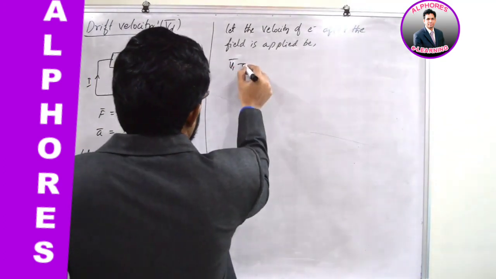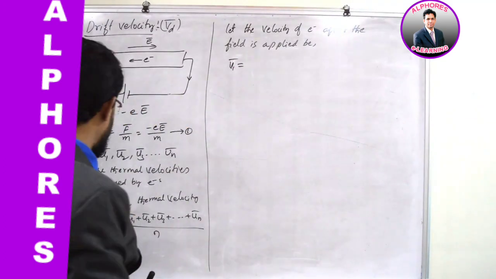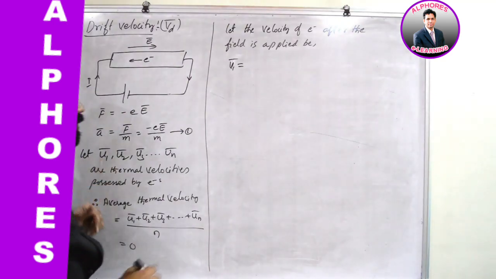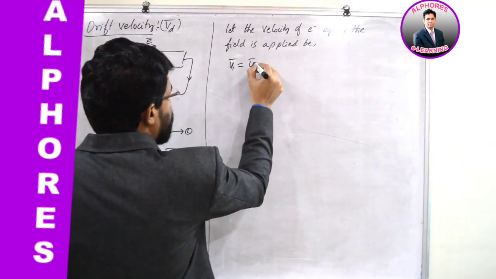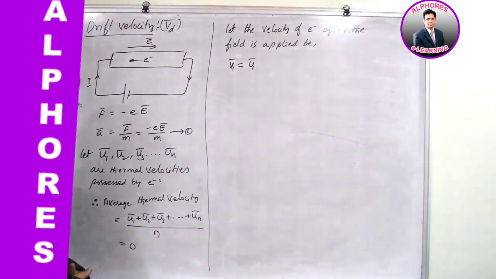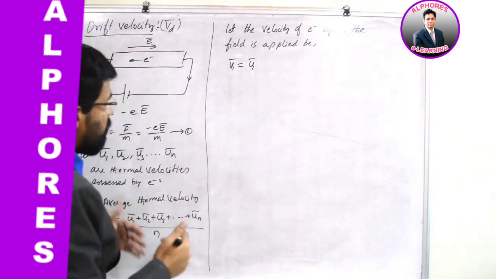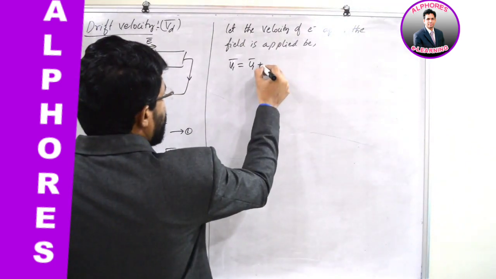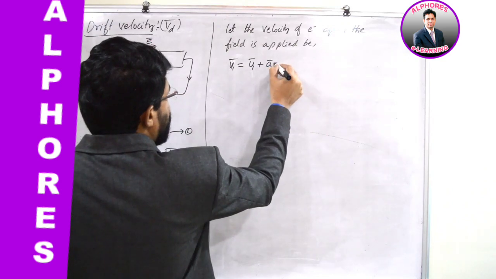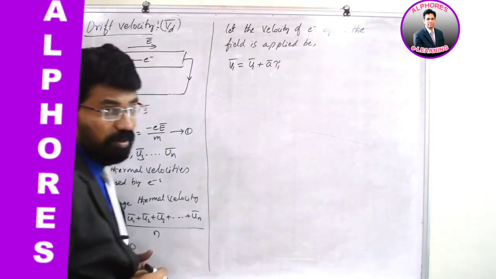V1 bar is equal to what? Already that electron was having a velocity equal to U1 bar because of thermal energy. And what was the extra velocity provided by this applied field? It can be expressed as A bar into tau 1. I will tell you what this tau 1 is.